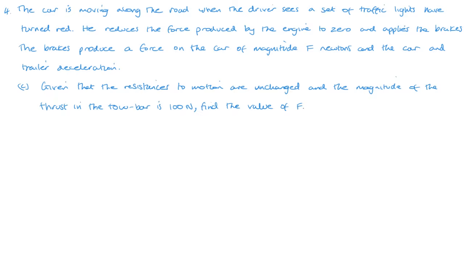Okay, so we've got a slightly different scenario happening now. Given that the resistances to motion are unchanged and that the magnitude of thrust in the tow bar is 100 newtons, find the value of F.